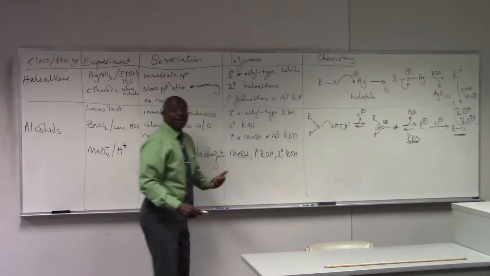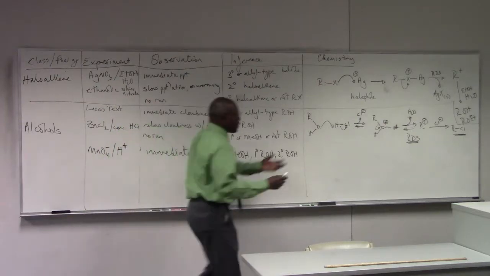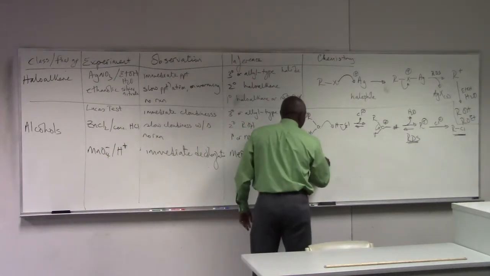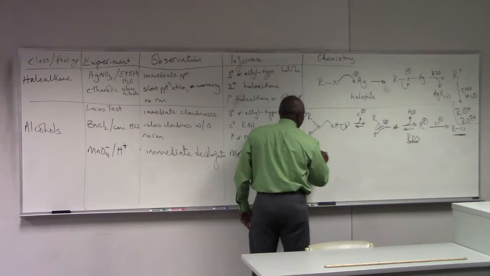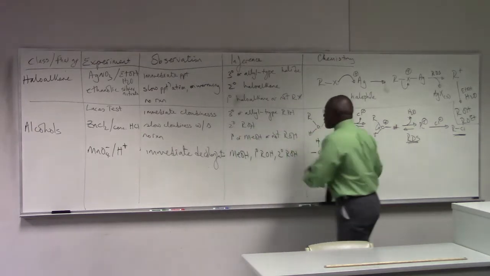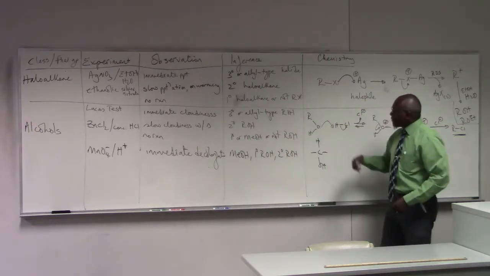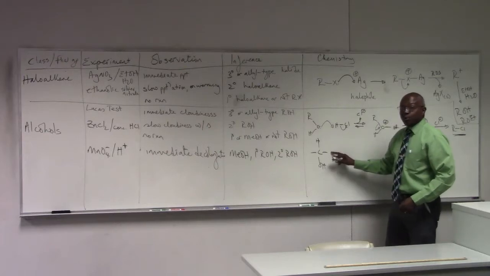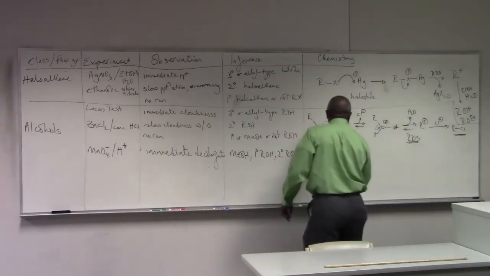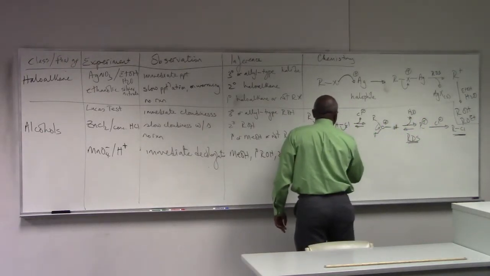Because you remember, we talked about how for something to be oxidizable, it needs to have a carbinol H, which methanol with 3 H's, a primary alcohol or secondary alcohol both have. So this is oxidized with manganese 7.